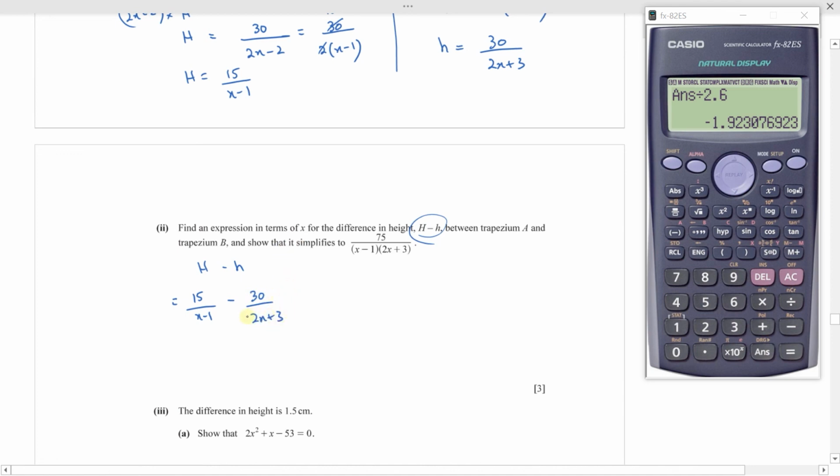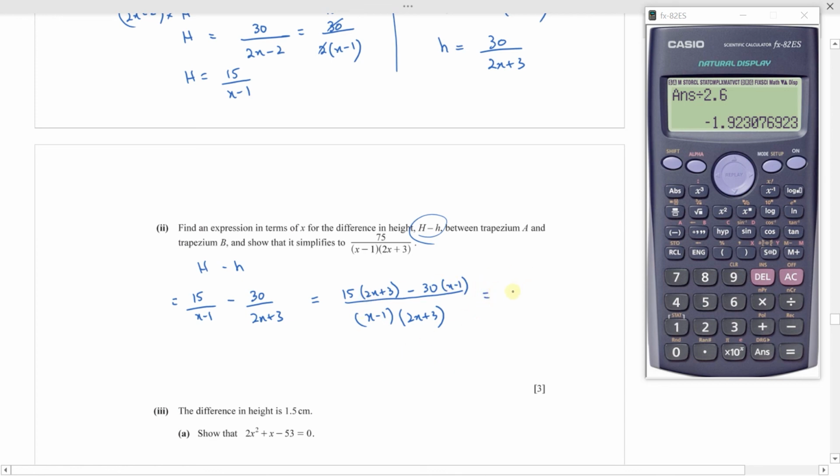So now you can take the LCM. So LCM will be x minus 1 into 2x plus 3. And since I multiplied 2x plus 3 in the denominator of this, 15 will be multiplied by 2x plus 3. And then minus 30 will be multiplied by x minus 1.